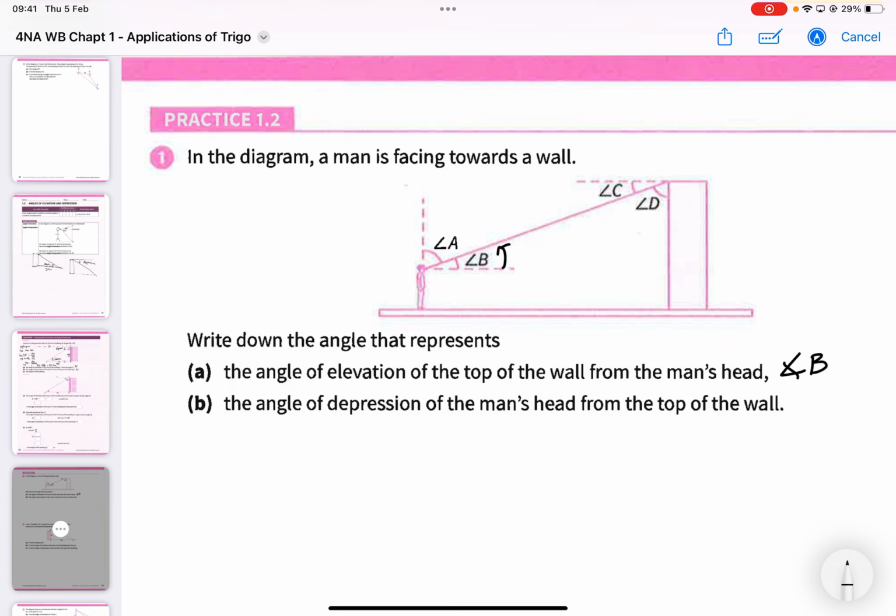Top of the wall is here, going to the man's head. Then the angle of depression must be measured against the horizontal. So it is the angle C and not the angle D. Elevation, depression is all measured against the horizontal. Like that only. I want you to identify.